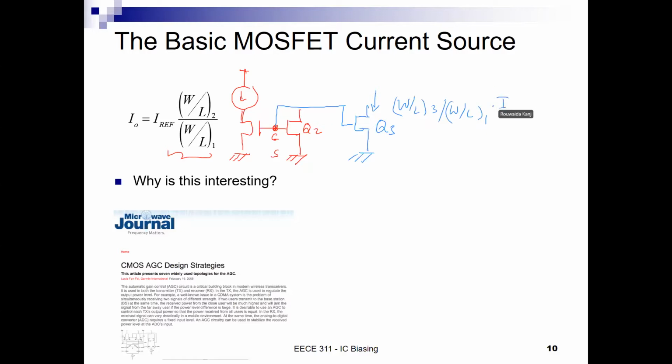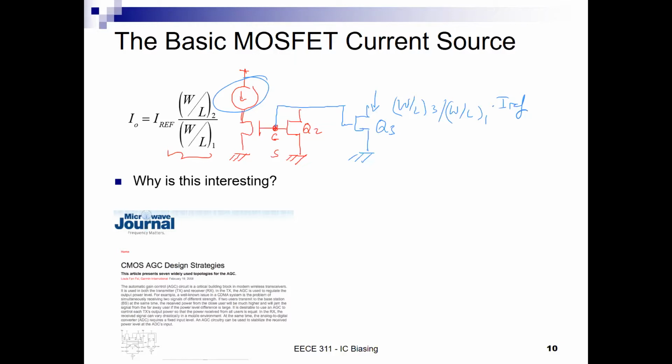So practically speaking, if this is too expensive to implement, as long as I am sharing the same gate voltage, and as long as I am guaranteeing that the VDS3 allows it to be in saturation, I am mirroring the current, and I can create as many of these as I want.